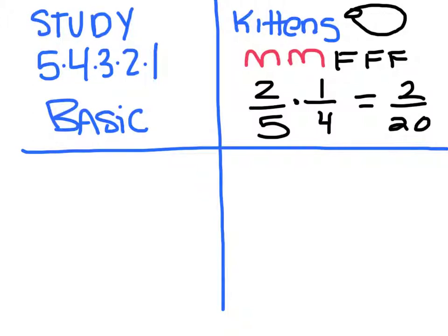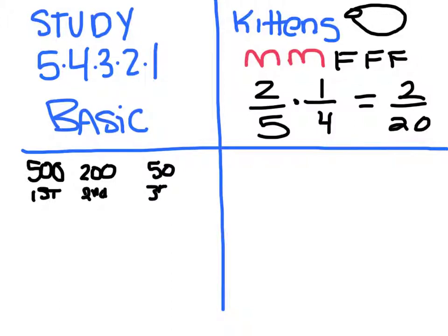So, bag of kittens, bag of marbles, bin of socks, those are all the same type of conditional probability questions where you have to use the basic multiplication rule, but you have to think about how the probability changes each time. Then you have problems involving permutations and combinations. Let's say I had a $500 prize for first place and a $200 prize for second place and a $50 prize for third place.